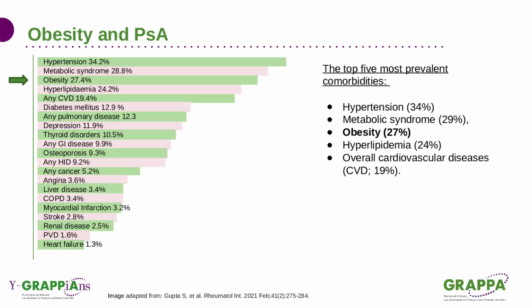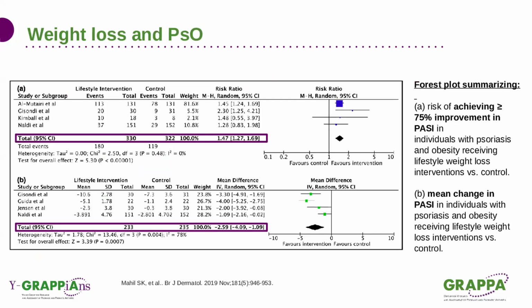And it's not a matter of overeating all the time. It's a matter of the fact that your genes create more adipose tissue or lead to the creation of more adipose tissue. We also know that if you can lose weight, your psoriasis scores will improve.